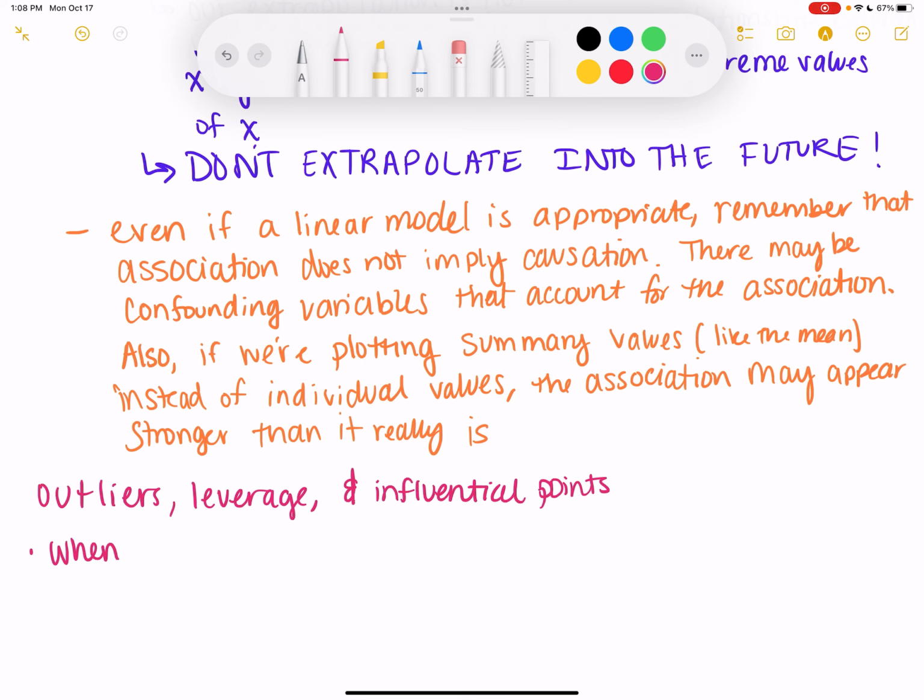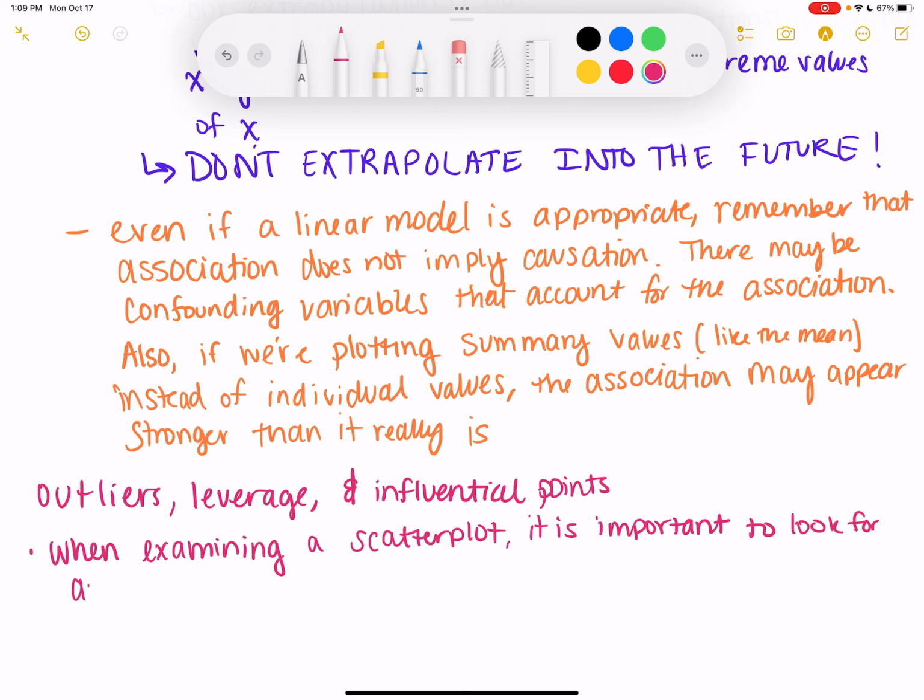When examining a scatter plot, it is important to look for any unusual points.